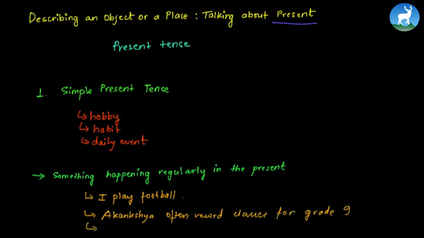One last example, we always see our mother in the kitchen. So these events are regularly happening in the present. That's why we are using the simple present tense, like play, record, see. These are the simple present tense.